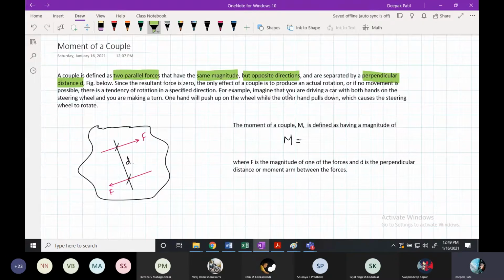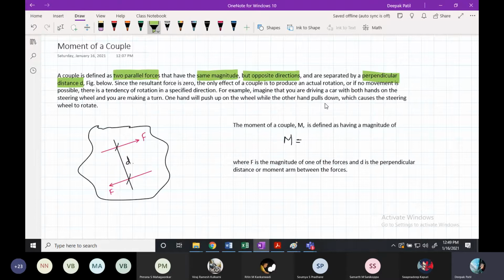Now, for example, imagine that you are driving a car with both hands on the steering wheel, and you are making a turn. One hand will push the wheel while the other hand pulls down the wheel. That kind of tendency is actually called a couple, because you are trying to rotate the wheel. So when you want to turn your car, one of your hands will push down and the other hand will push up, so that will produce a couple on that steering.